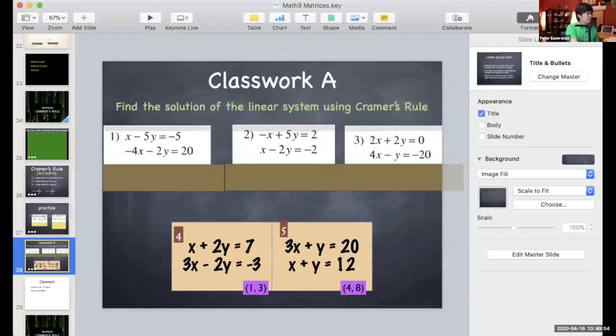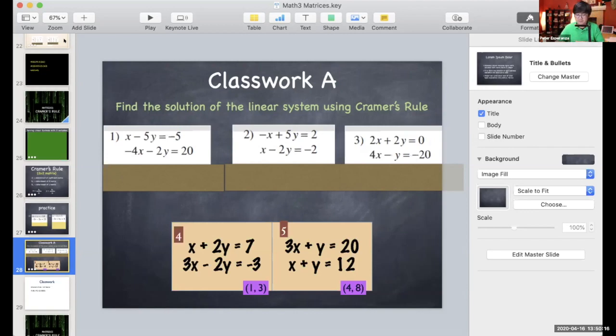I'll write the problem. Negative x plus 5y equals 2, x minus 2y equals negative 2.